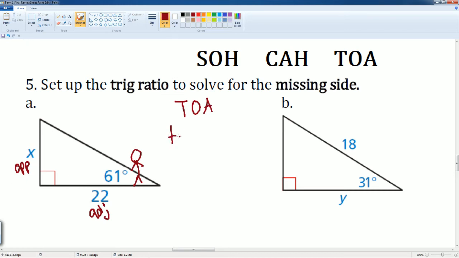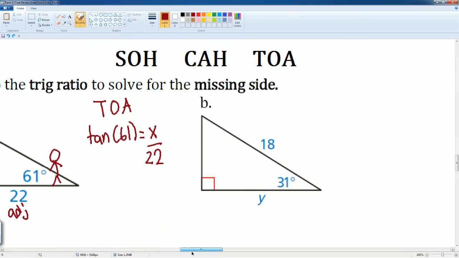So I write tan of the angle, which is 61 degrees, is equal to my opposite, X, divided by my adjacent, which is 22. I'm done, this is my ratio. You don't have to solve for X. They just want you to set up the ratio. You just make sure you pick the right one.